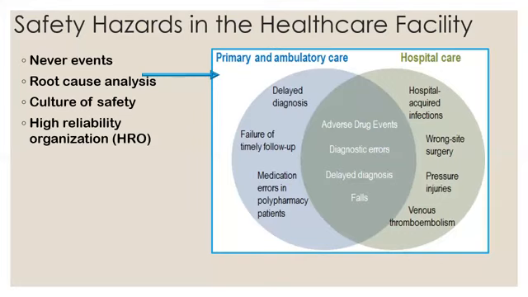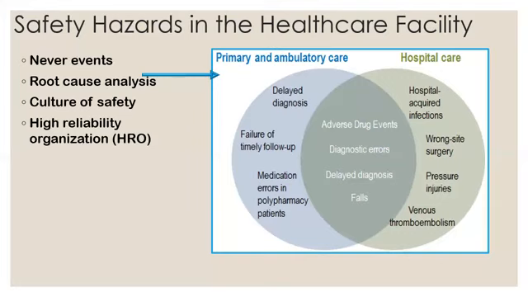When there is a never event, there's something called a root cause analysis, or an RCA. This tries to solve problems by identifying and correcting the underlying cause of events as opposed to simply addressing their symptoms. So the goal is to decrease the likelihood that the problem will ever reoccur, because we get the problem right from the source, if that makes sense.